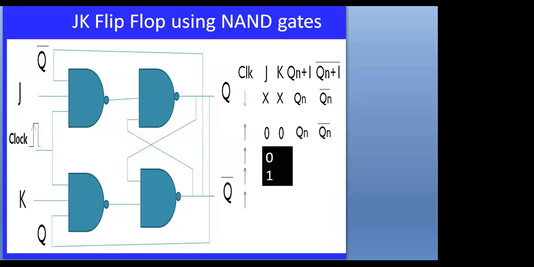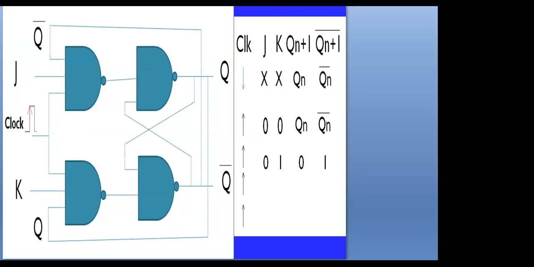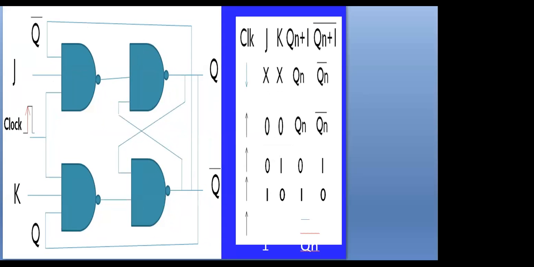This slide, that is the first condition when J equals 0, K equals 0. This is indicating hold state, that is no change condition. And the second condition when J is 0 and K is 1, this is called the reset condition. That is Q of n plus 1 equals 0. And third condition when J equals 1 and K equals 0, this is set condition.